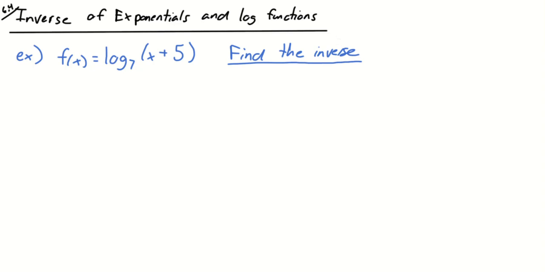Yes, there are some things we have to do before we can solve. Look back in your notes. 5.6 talked about inverses, and at the top of this one, we also talked about inverses.